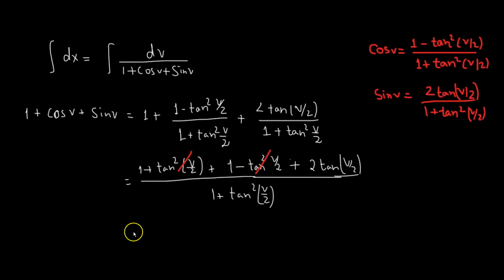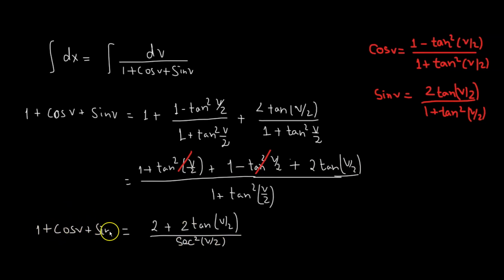That leaves us with 2 plus 2 times tangent of v over 2 in the numerator, divided by 1 plus tangent squared of v over 2, which is an identity, that will be secant squared v over 2. So this is the value of 1 plus cosine v plus sine v.